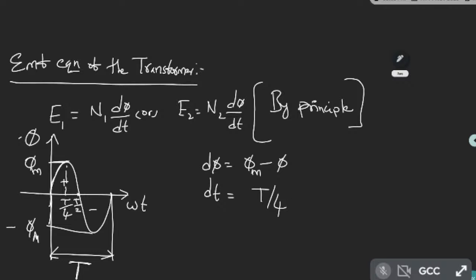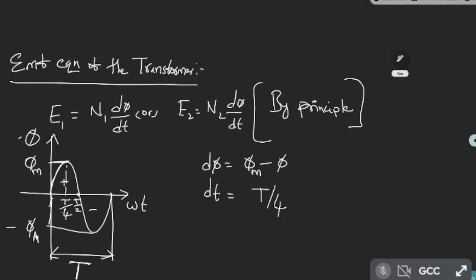So in T by 4 time we are getting φm. At what time am I getting this maximum value? T by 4 time. From 0 to T by 4 time I am getting the maximum value. I have to take the maximum value, not the minimum value, not the 0 value. So I am getting maximum dφ with respect to T by 4.